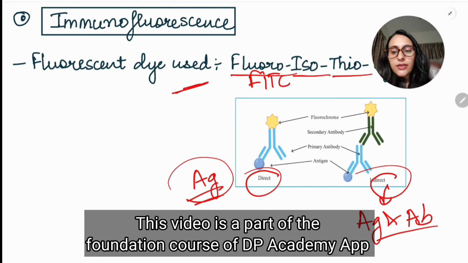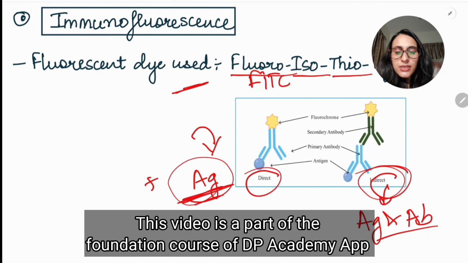In direct immunofluorescence, we detect the antigen; antibody is added to the antigen, and this antigen is taken from the patient sample. So we take antigen from the patient, and to this antibody is added. And if the fluorescent signal comes, that means antigen reacted to the antibody and there is a positive reaction.